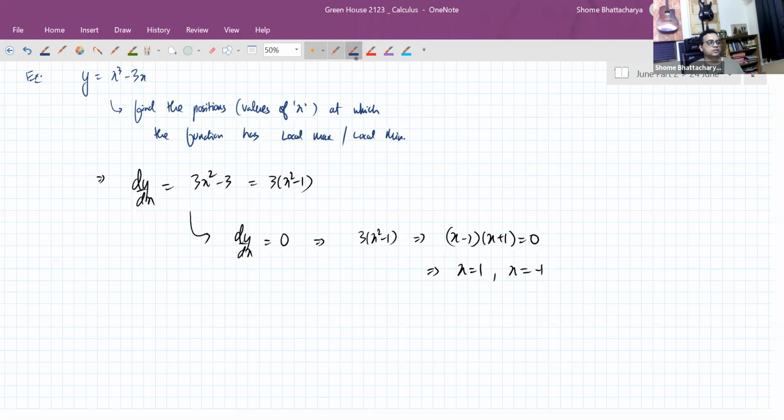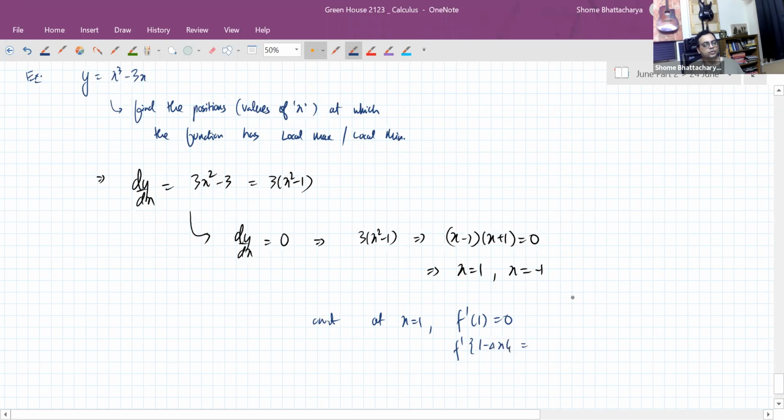Now we can also see at x equal to 1, the derivative of the function is 0, but what kind of quantity is the derivative at 1 minus delta x? If you take x slightly less than 1, you can see this quantity x square minus 1 becomes negative.